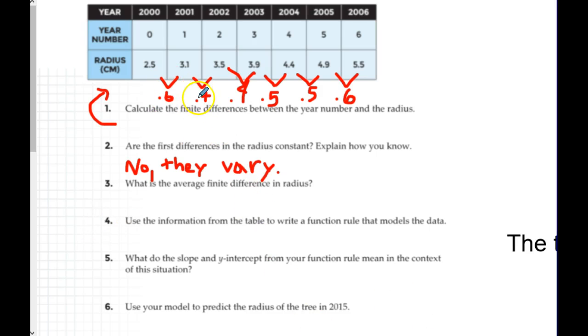So 0.6 plus 0.4 plus 0.4 plus 0.5 plus 0.5 plus 0.6.